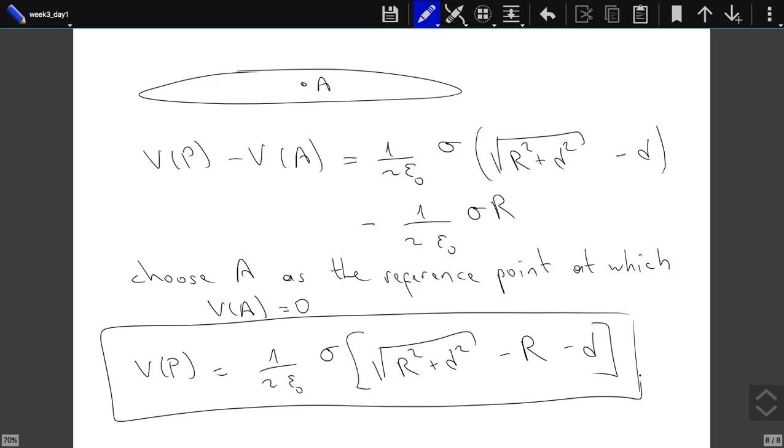So what happens when we take the r goes to infinity limit? Well, this is infinite, but infinite minus infinite is indeterminate. You cannot really say what it is. You have to take the limit in a suitable way.